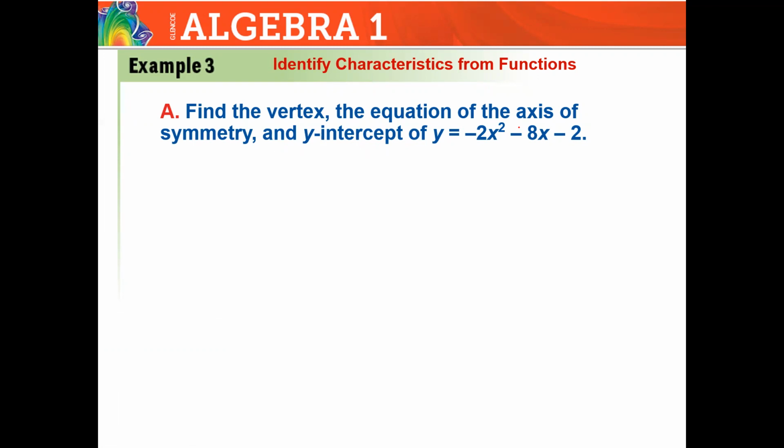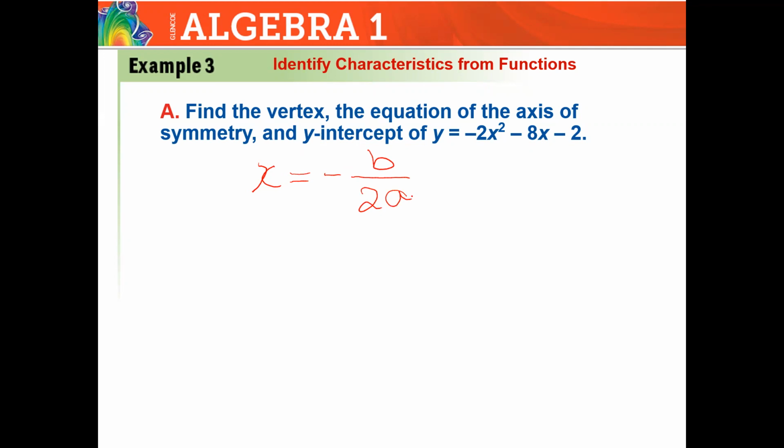Please, every time you see this question, start with the axis of symmetry, or the equation of the axis of symmetry. Okay, you will have a new formula, which is x, the axis of symmetry, equals negative b over 2a.